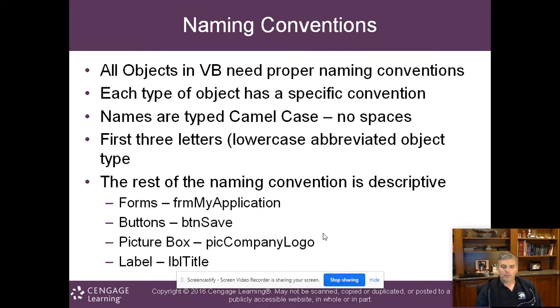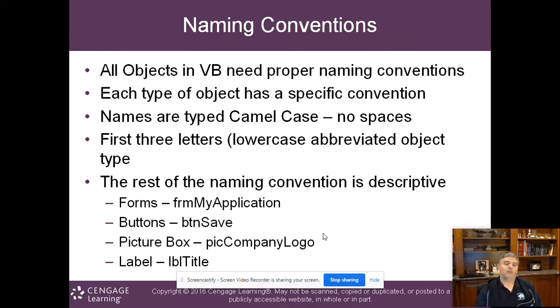One thing that I'm going to be really focused on for you guys is naming conventions. What a naming convention is, it's a name that you give to all your objects. So if you put a label, or a picture box, or a button on the screen, by default, the first button you put on the screen is going to be called button 1.